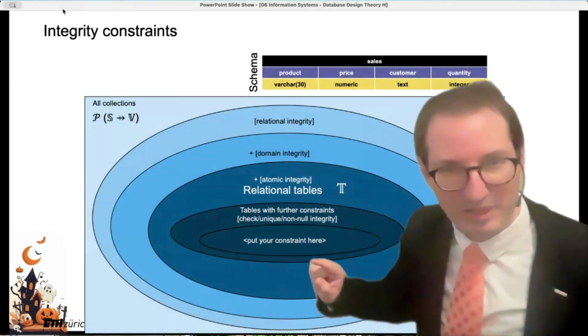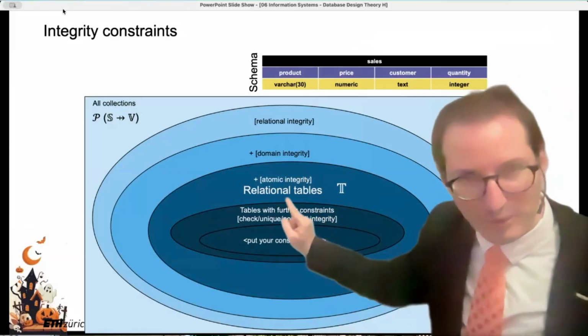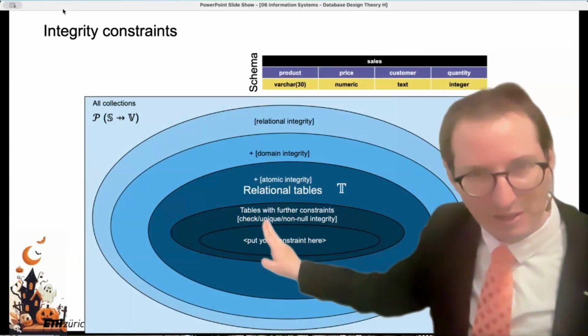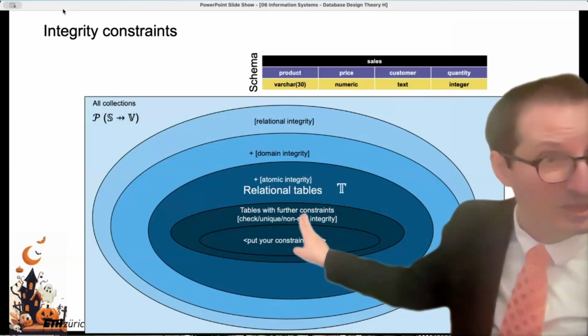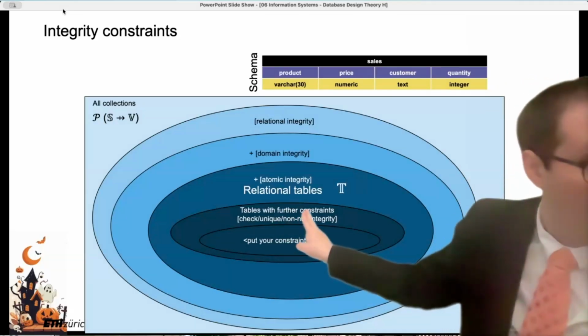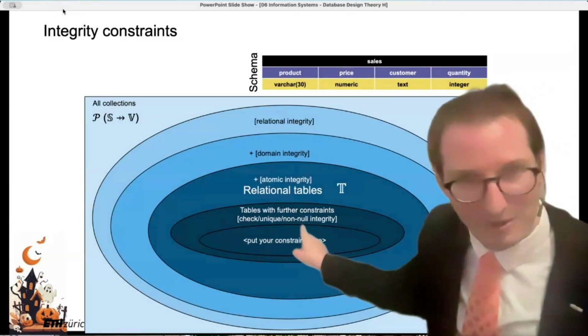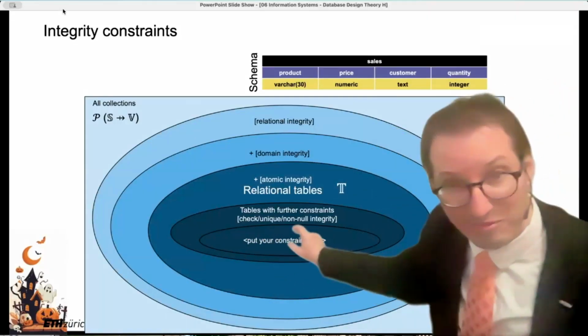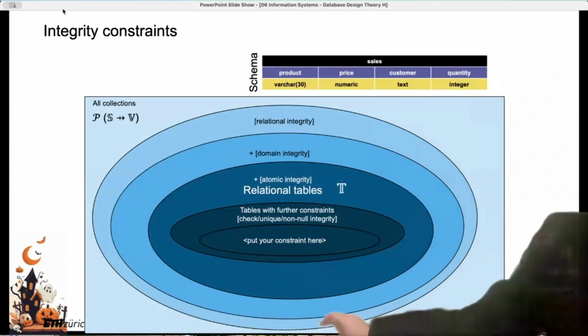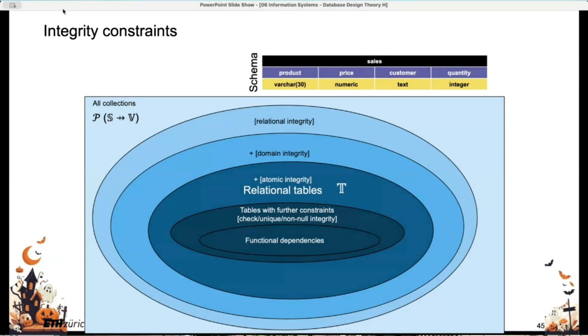And within the relational tables, I might want to restrict further with check, unique, non-null. You remember all of these constraints that you put in create tables? Who remembers them? Unique, check, non-null. So that further restricts the tables that I accept, right? And in fact, I can even put more in there. And these are the normal forms that we are going to add.